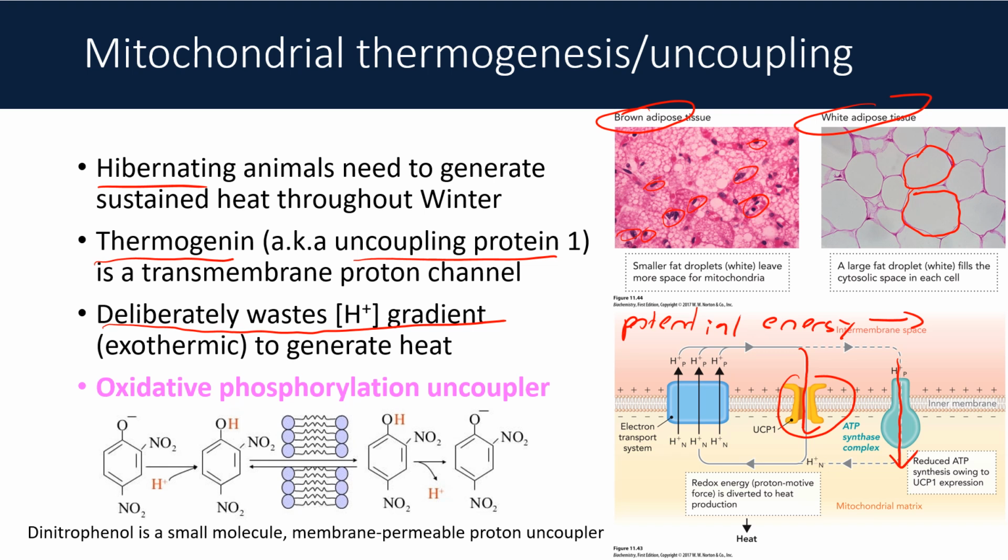So what kind of energy do we convert the potential energy into? Thermal energy. Uncoupling the proton diffusion from ATP synthesis is going to generate a lot of heat without shivering. And that is what's going to keep the animals warm without waking them throughout the winter months.